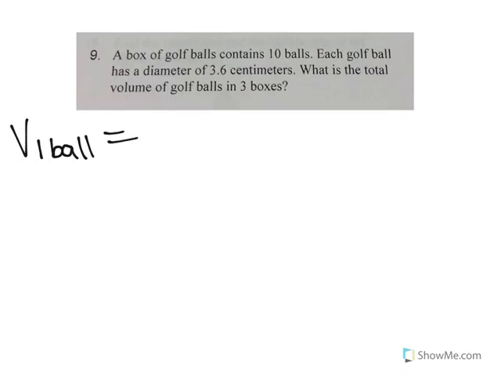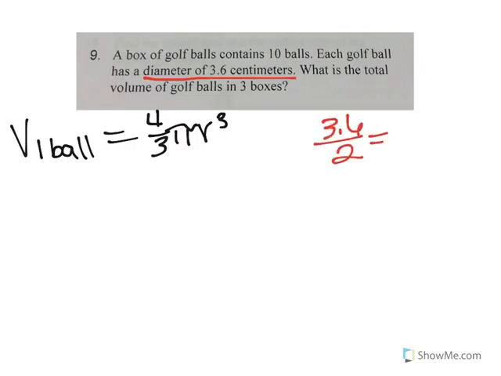Okay, and we know that a golf ball is in the shape of a sphere, and that's 4/3 pi r cubed. Alright, so the first thing you need to find is your radius, and it gives you your diameter. So what you have to do is actually take 3.6 divided by 2, which is 1.8. Yeah, it's 1.8.